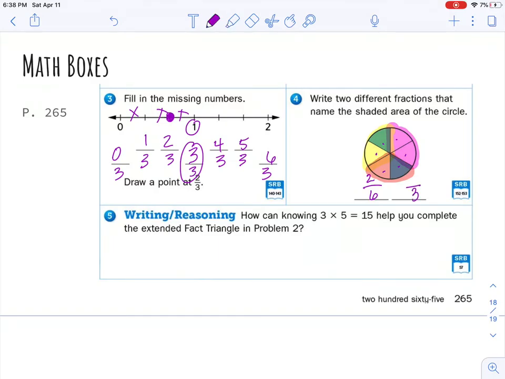So now I have 3 pieces and 1 of them would be completely shaded in. So 2 sixths and 1 third are equivalent fractions, and that's how I can name the shaded areas.